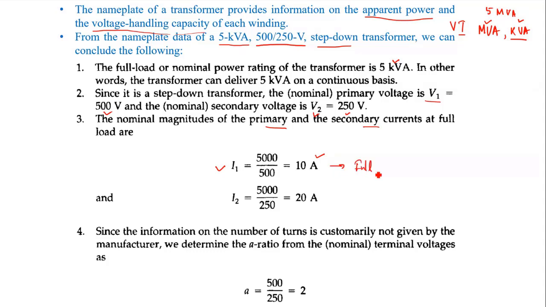And on the secondary side, the full load current will be 5000 by 250, it will be 20 ampere. And the transformation ratio we can find easily because this is an ideal transformer. The transformation ratio a will be V1 by V2, that is 500 by 250, which is equal to 2.